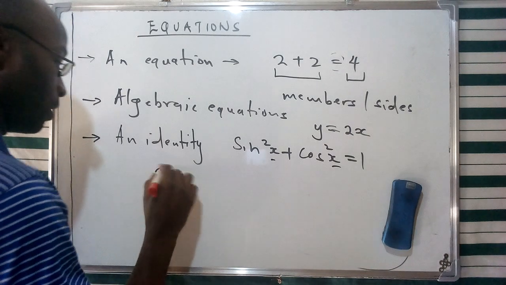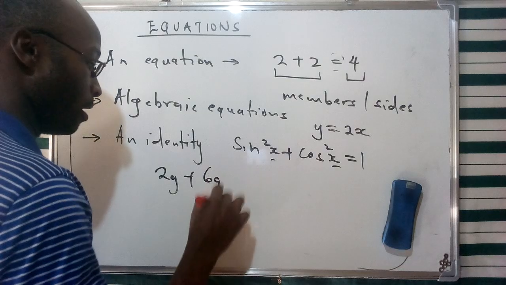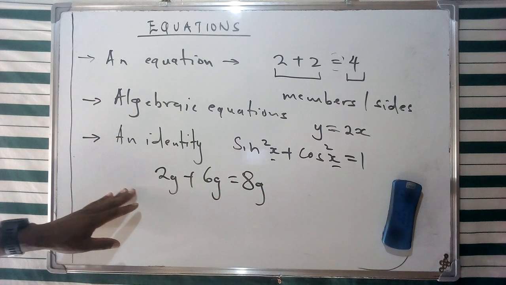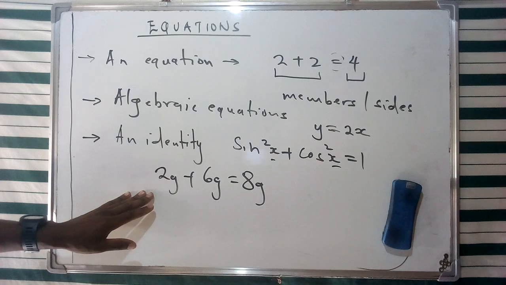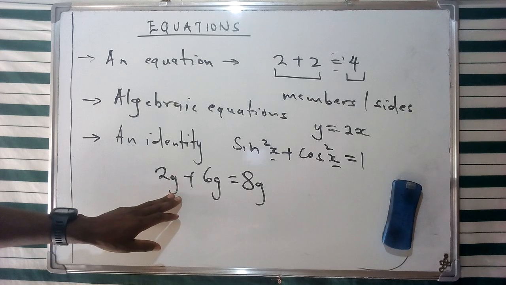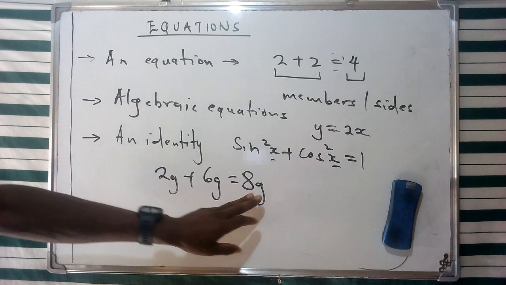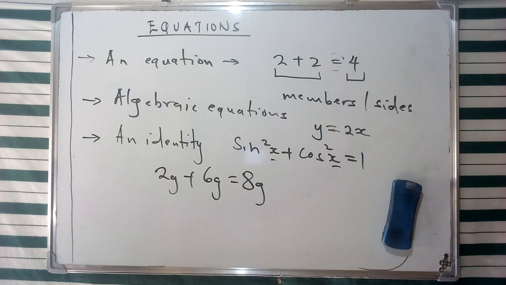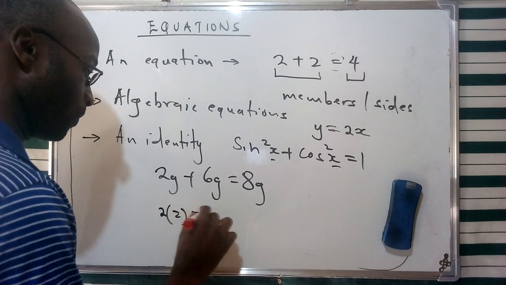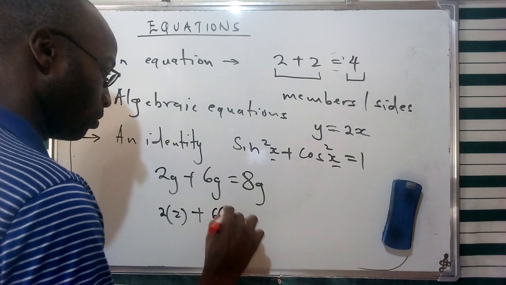I can give a general example which is given as such. For this specific expression or equation, for any value of g that we assign, it is going to be true for the other member of the equation. For instance, if I give 2, then we can do a substitution for 2, and then we have 6 into 2.